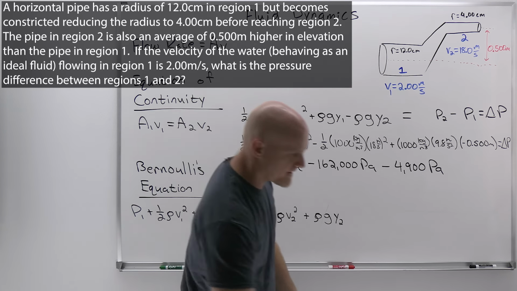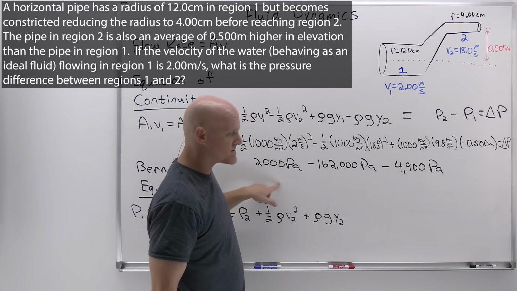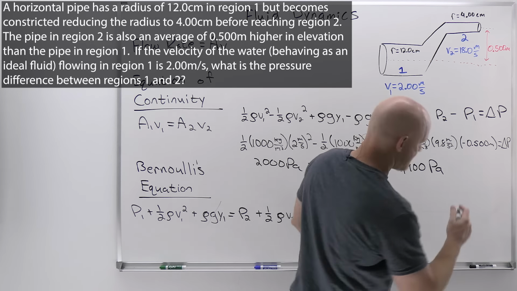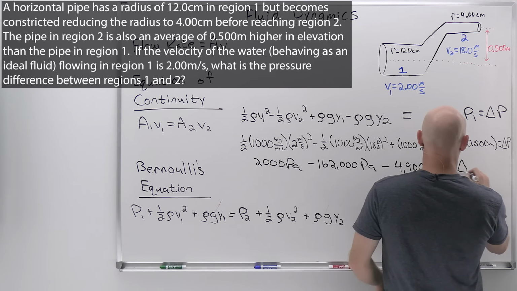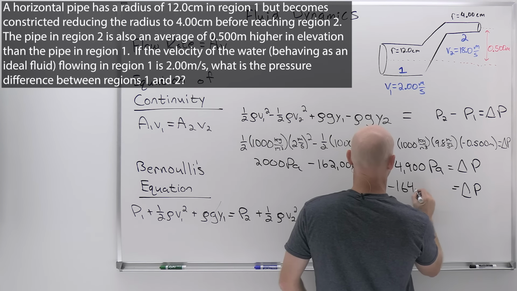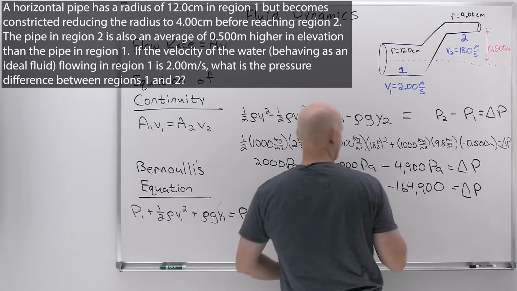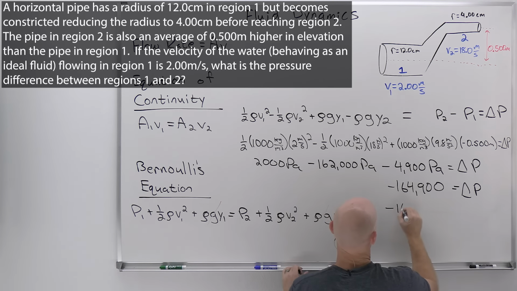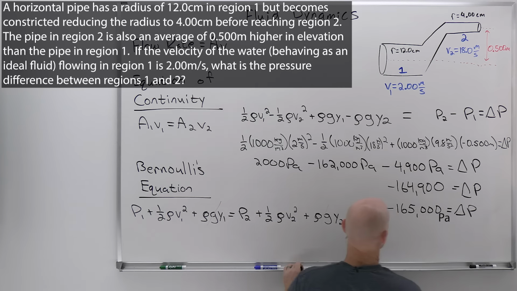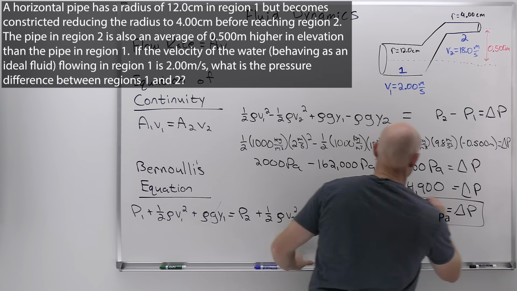I guess we should have known that, because if this was negative 160,000, then that gets us an additional negative 4,900. So that's delta P, and delta P equals negative 164,900. For 3 sig figs, we'll round that to negative 165,000 for that difference in pressure.